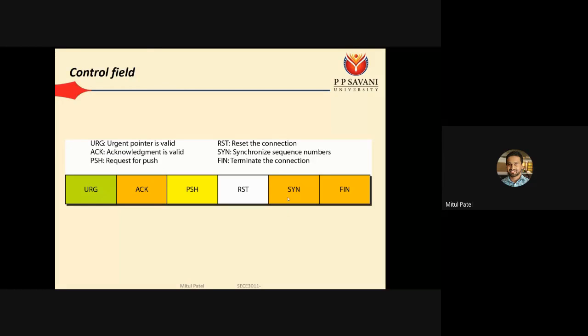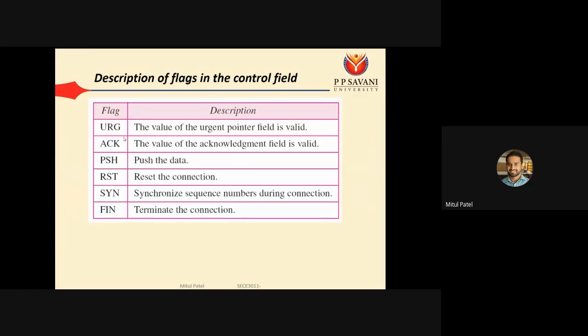So these are the six different flags we have seen. URG is for the urgent pointer, ACK is acknowledgement, PSH is request for push, RST is to reset the connection, SYN is to synchronize the sequence number, and FIN is for terminating the connection. When the value of the urgent pointer field is valid, we need to set the urgent flag.